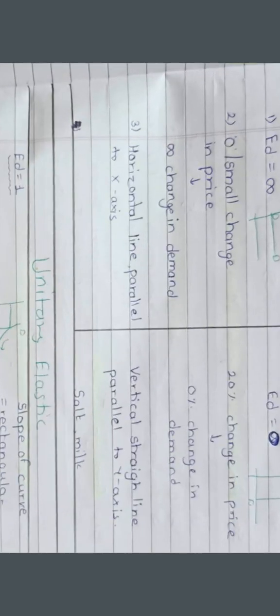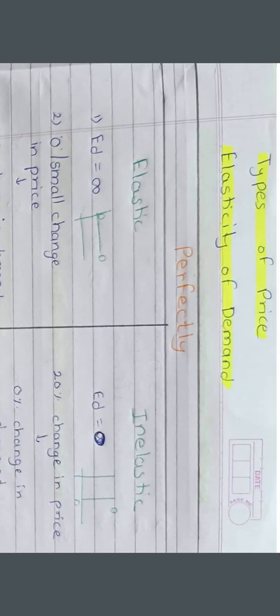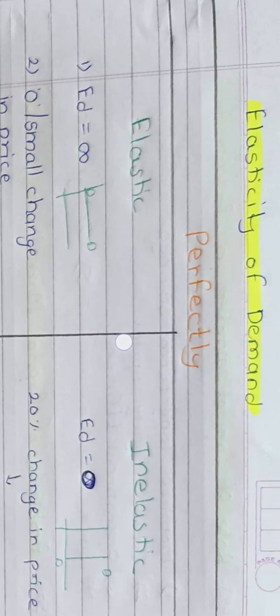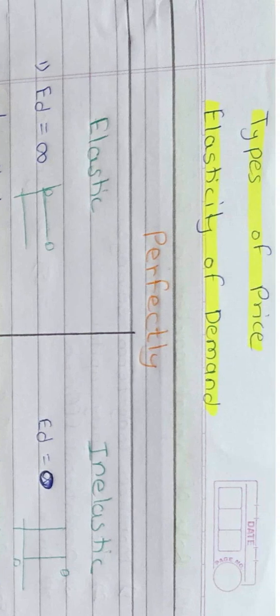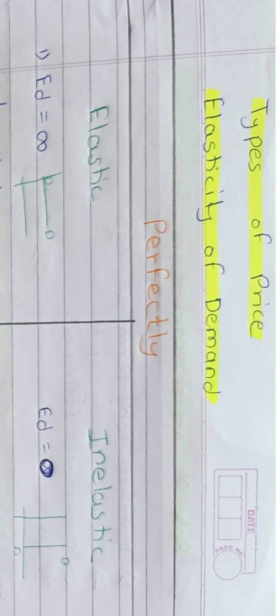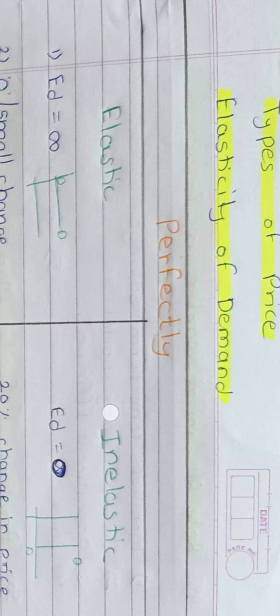Okay, now this is the conceptual clarity for types of price elasticity of demand. There are three types we can say for our easy understanding. First is perfectly, and then is unitary and relatively.